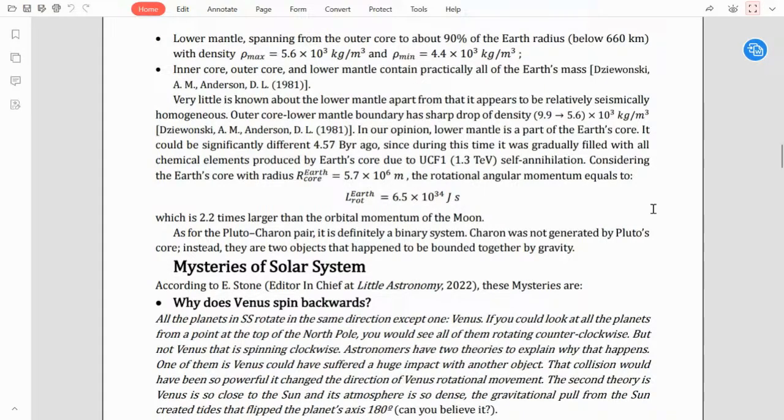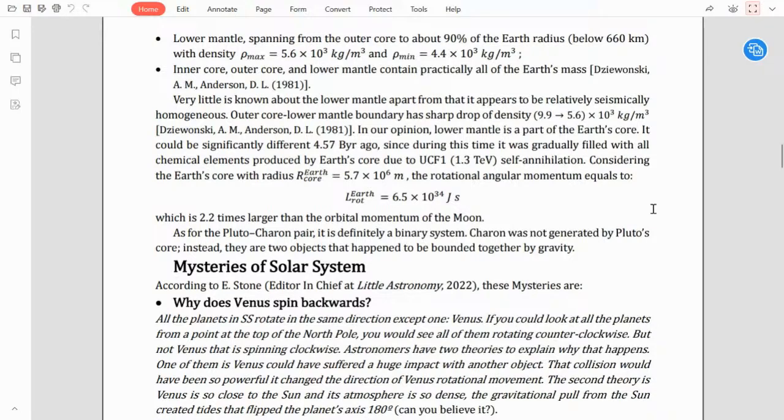Very little is known about the lower mantle apart from that it appears to be relatively seismically homogeneous. The outer core and lower mantle boundary has a sharp drop of density. It's very important: from 9.9 to 5.6 thousand kilograms per cubic meter.